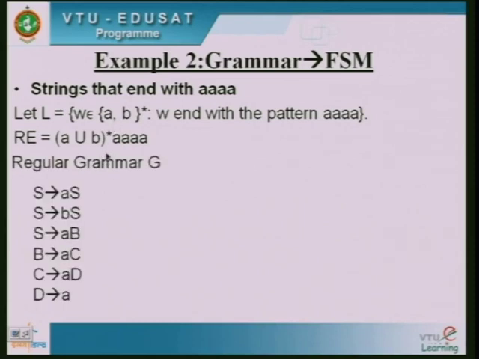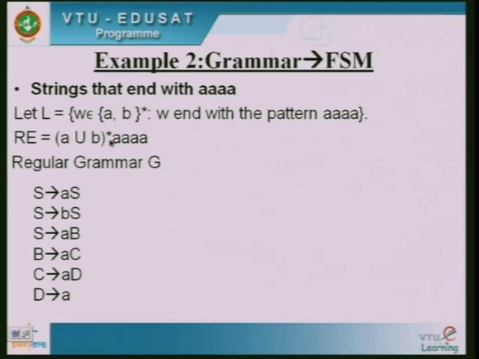If you construct the regular grammar for this, at the start it can have either a or b, and it can be repeated any number of times. That is why S derives aS and S derives bS. Here there is a union, either a or b, so you write both rules like this: S derives aS and S derives bS.